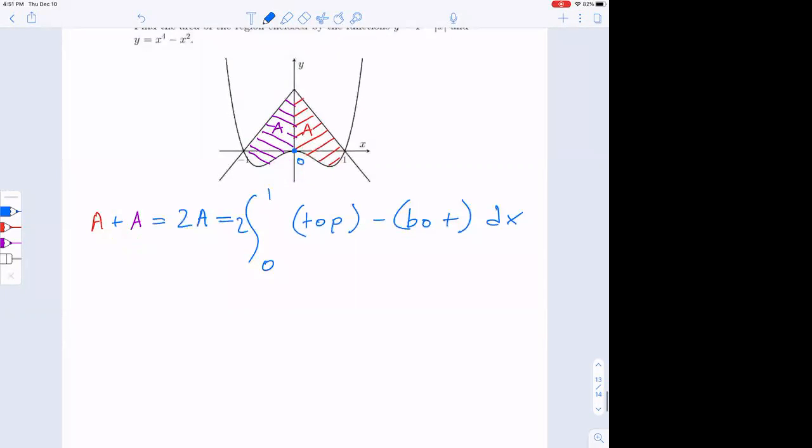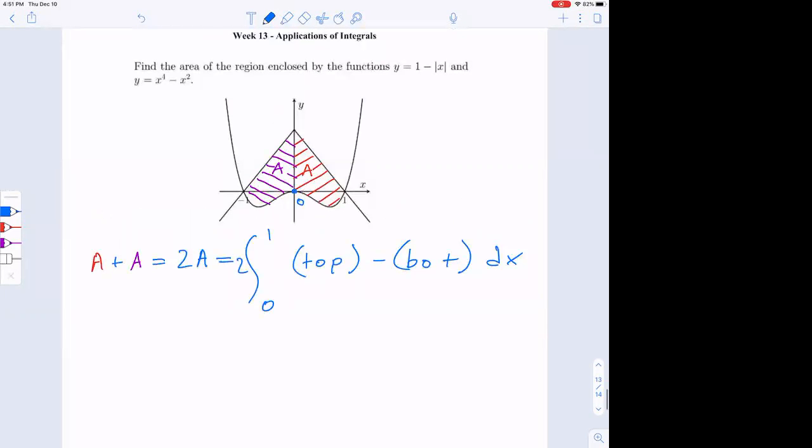Okay, my top curve, we'll plug that in first. The top curve is 1 minus the absolute value of x. And we're dealing with just positive values of x here from 0 to 1, so we can again drop the absolute value sign.